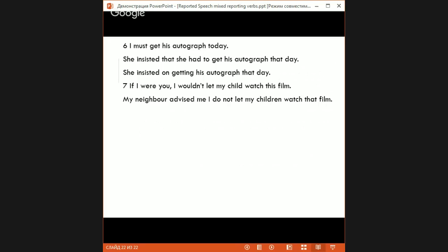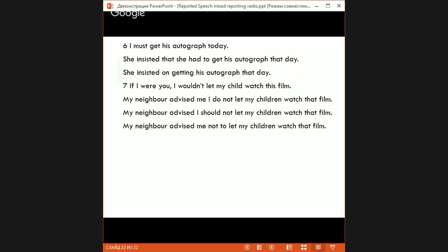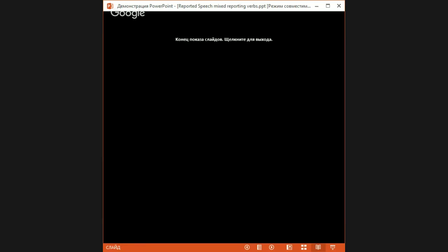My neighbor advised me I don't let my children watch that film, or my neighbor advised I should not let my children watch that film. My neighbor advised me not to let my children watch that film, or my neighbor advised not letting my children watch that film. That's it.